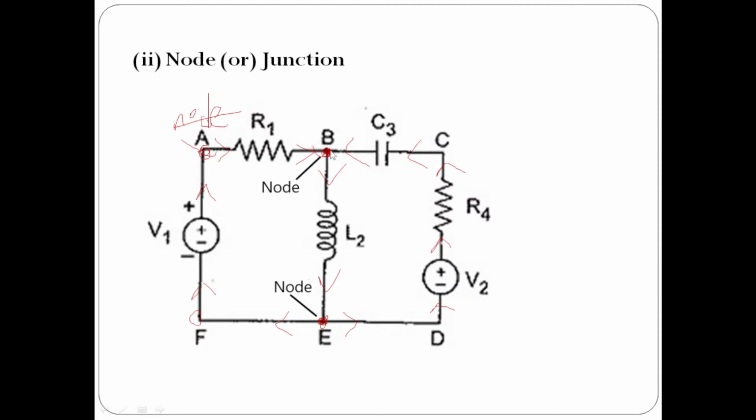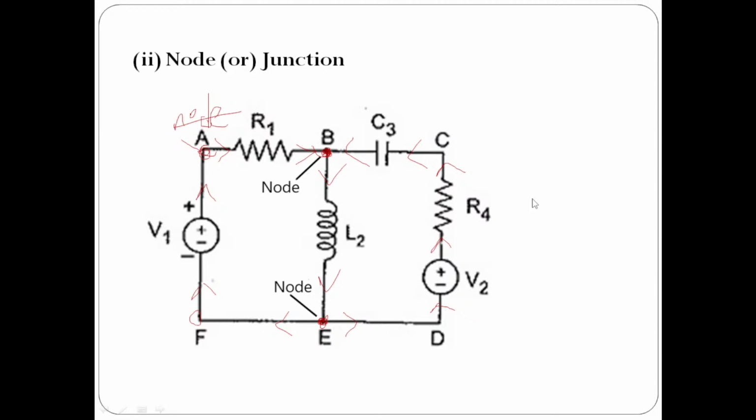To be more specific, the specific definition for node is that current should either add up or divide at a particular point. So if current is adding up or dividing at a particular point, you can call it a node. But in general, people say that the meeting point of two branches or two elements is known as a node. I hope you have understood what is meant by node.